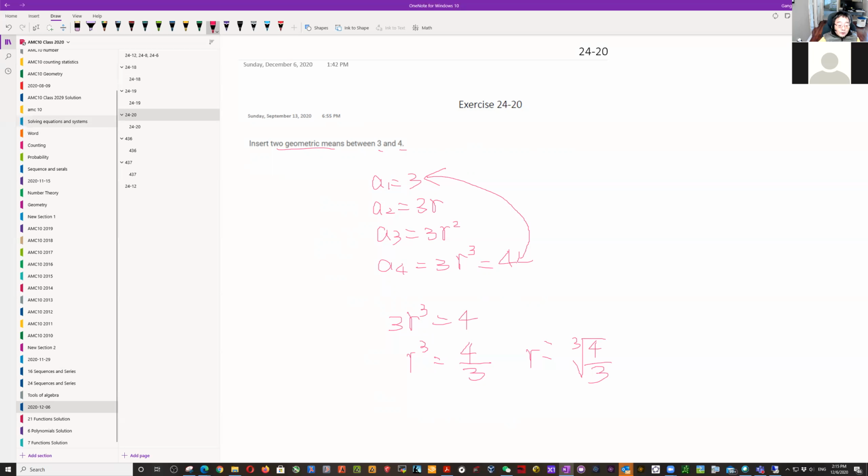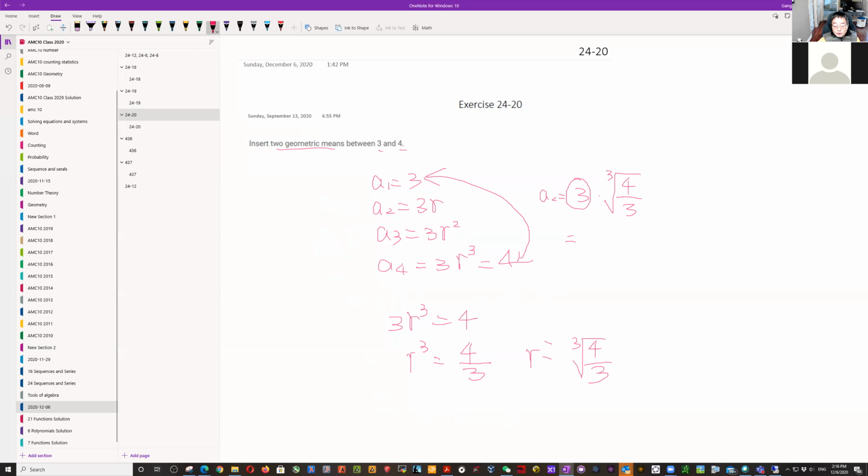Basically, we just have to figure out those numbers, and then we just multiply. So a2 is going to be 3 multiplied by the cube root of 4/3. We have to simplify the radical, so we can put this inside the radical.